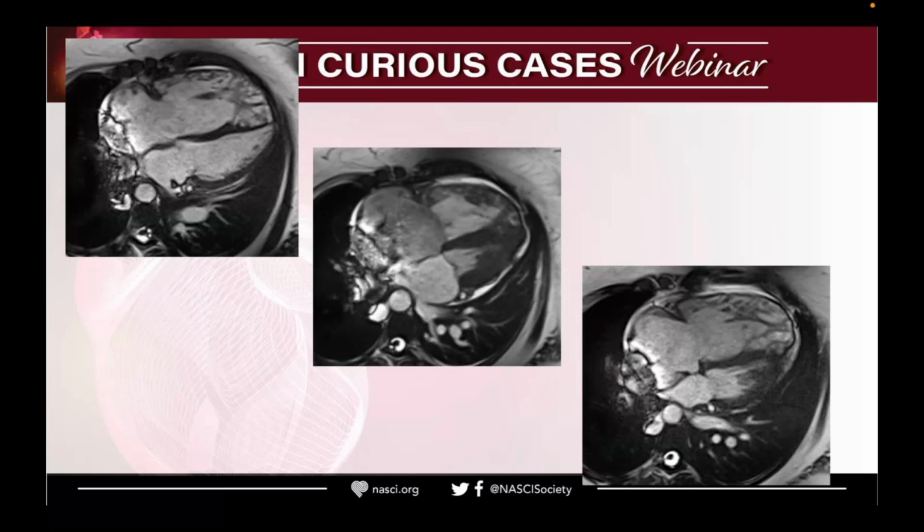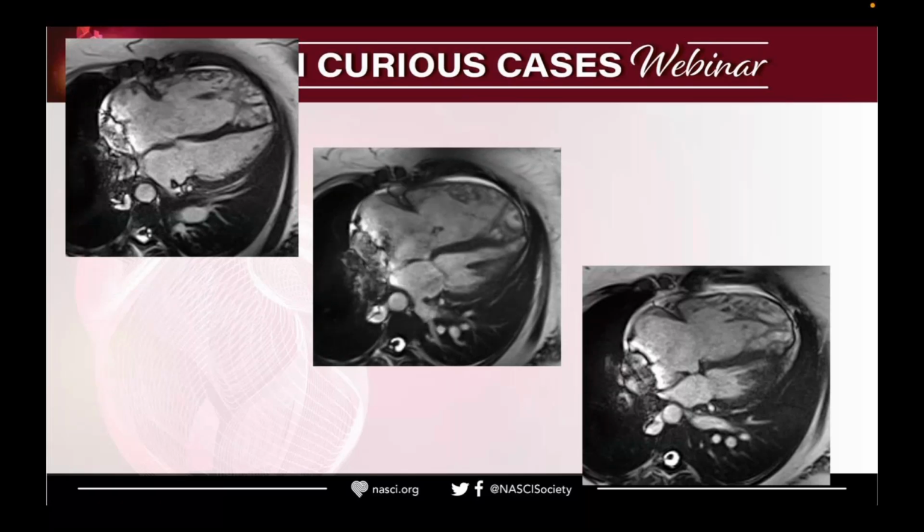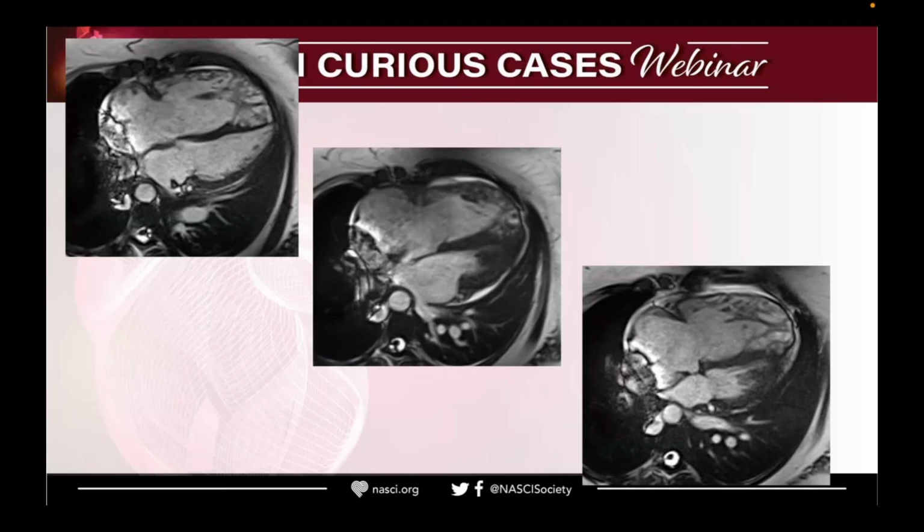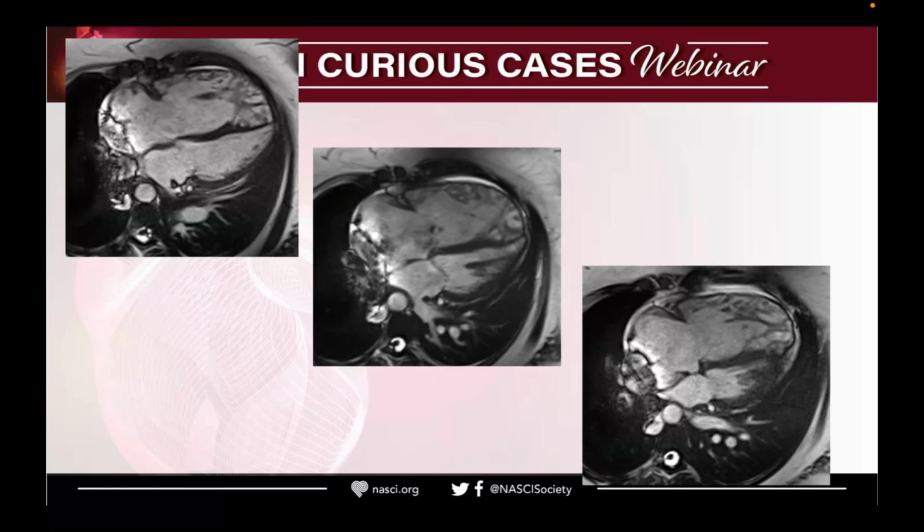You want to exclude ARVC, or arrhythmogenic right ventricular cardiomyopathy, or sometimes pulmonary hypertension because of secondary etiologies like lung disease. Excellent. Did that answer your question? Yes, thank you so much.